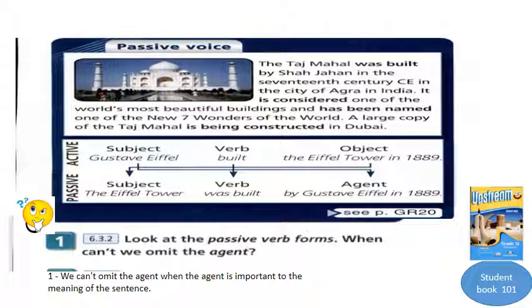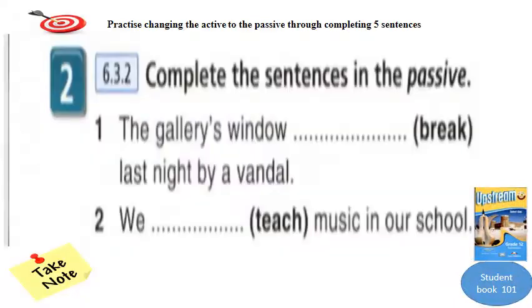We can't omit the agent when the agent is important to the meaning of the sentence. The agent is the doer of the action, okay? And sometimes we can begin with by and sometimes with, and this is what we are going to know later, okay? Now let's go to our first objective.